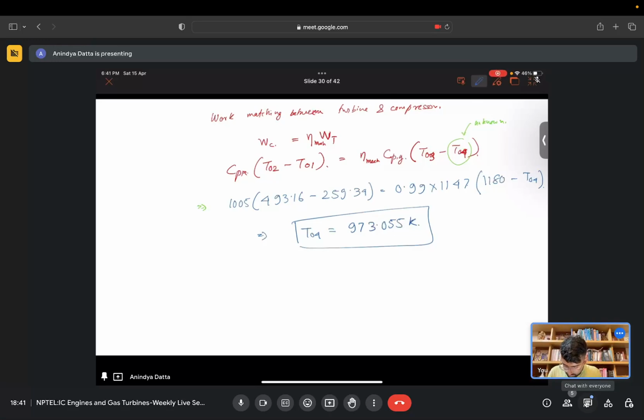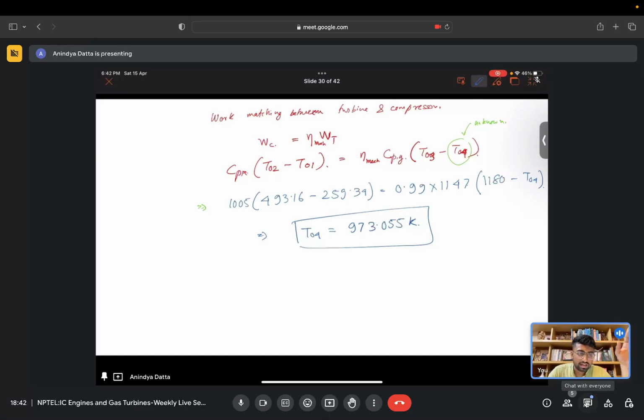Okay, is this clear? This is how you do work matching between turbine and compressor. So now we will see that the pressure ratio across the turbine is not the same as the pressure ratio across the compressor.